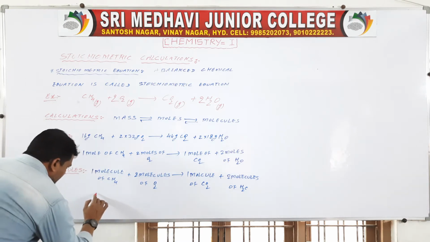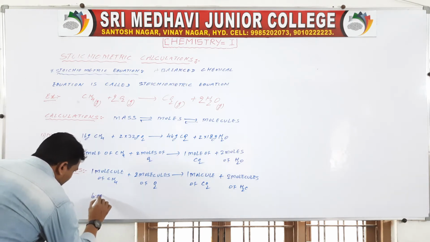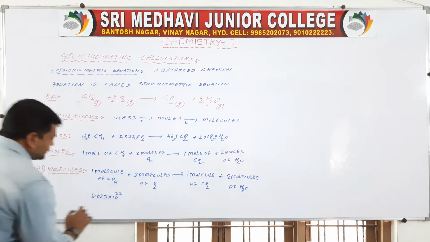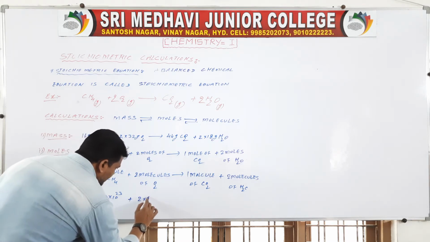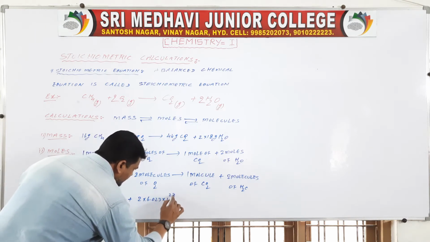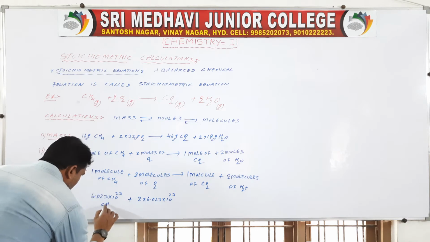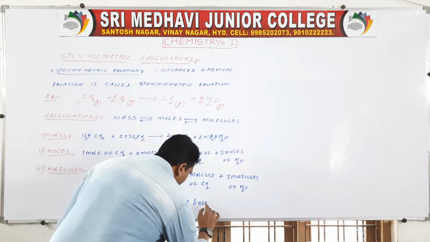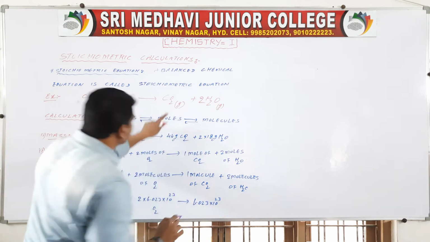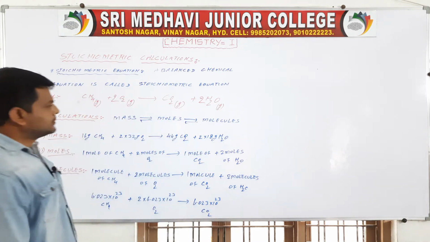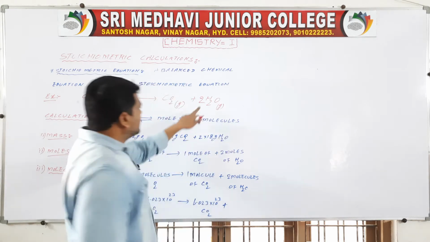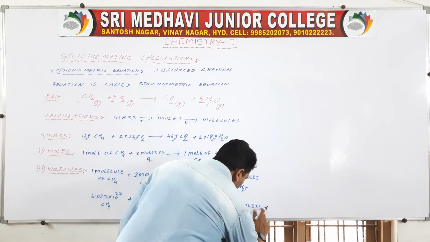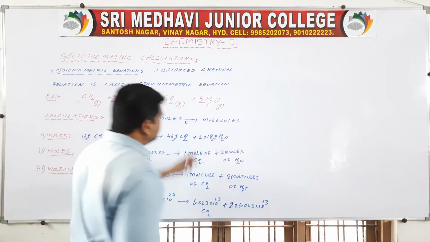It contains 6.023 into 10 power 23 particles of CH4 plus 2 into 6.023 into 10 power 23 particles of O2, gives rise to 6.023 into 10 power 23 of CO2 plus 2 into 6.023 into 10 power 23 of H2O.